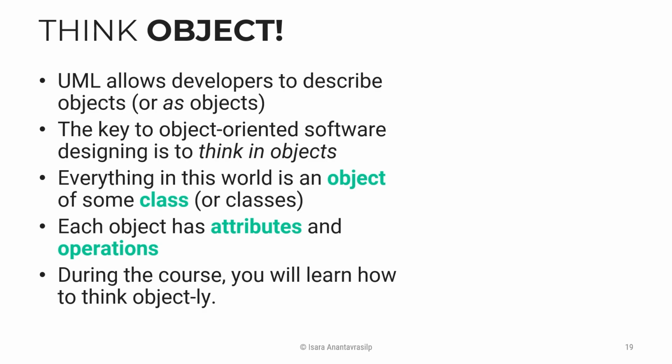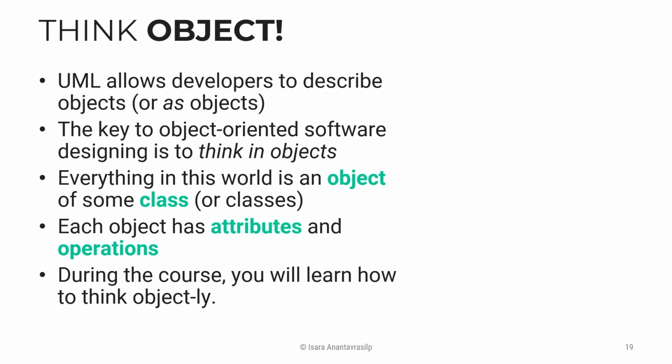Maybe during the course or after you finish the course, I want you to see the world as objects. Everything can be defined as classes, as objects. Everything is a subclass of everything. You just have to find similarities. You need to learn to group things together. You need to learn to separate things.